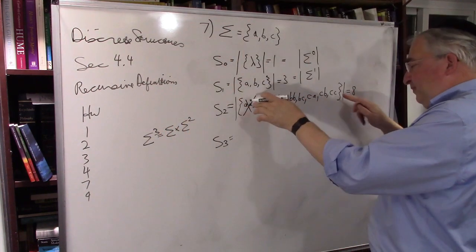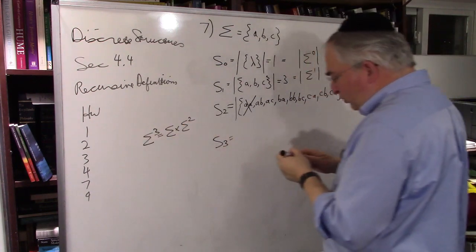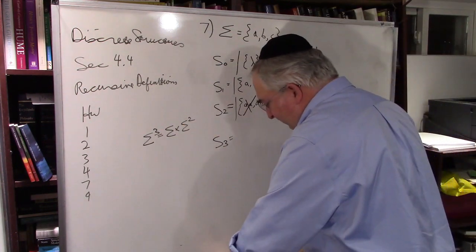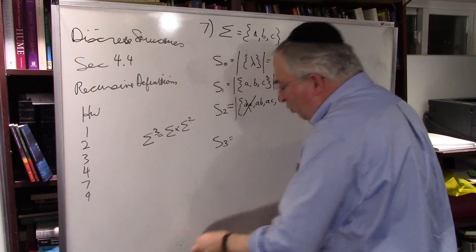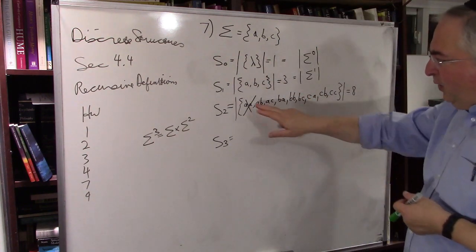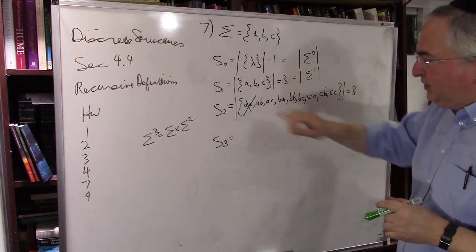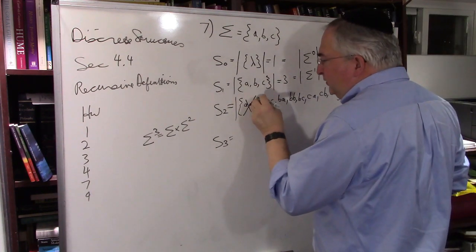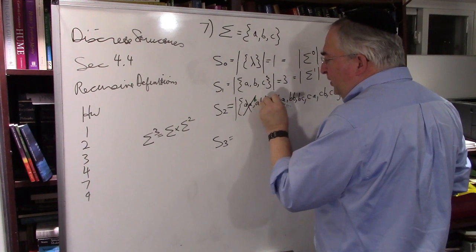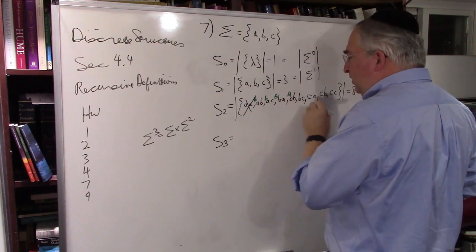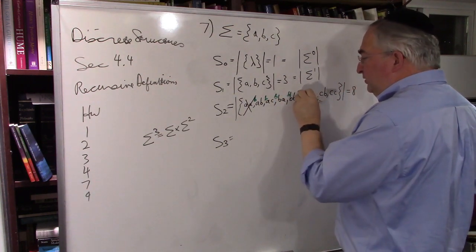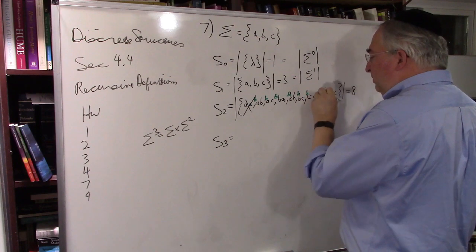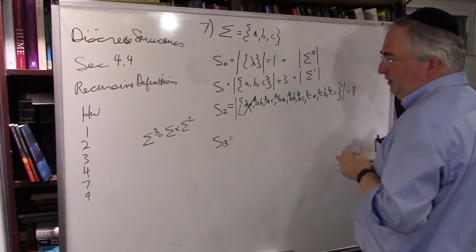So these are words of length 2, and now I want to add a new letter to them. Let's go through what letters I can add here. This word is not in the language because it has an AA. But what I can do here is put a B here, a B here, a B here. This gives me BBB, BBC, BCC.